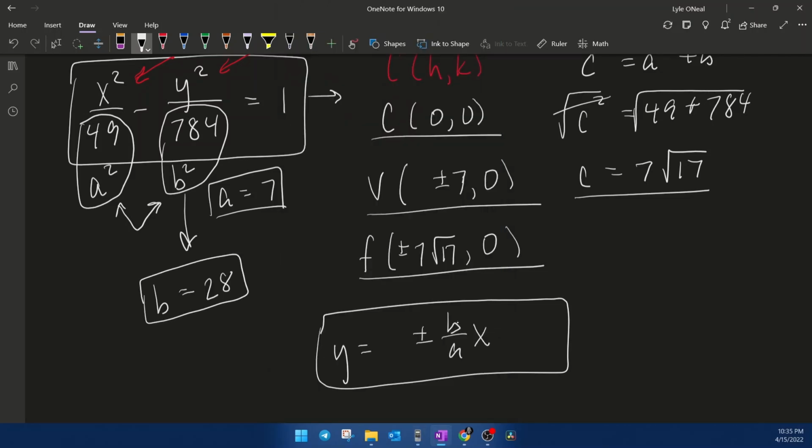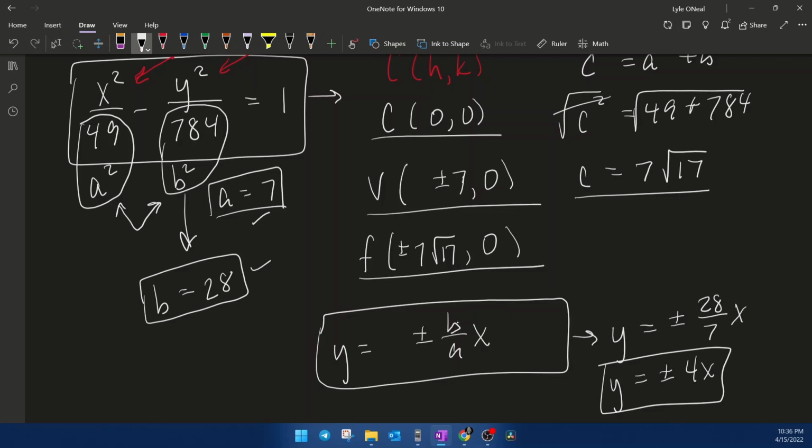And so now that we have a and b, and we've already plugged in for h and k, our asymptotes are going to be y equals plus or minus 28 over 7x. But that'll reduce. 7 goes into 28 4 times.